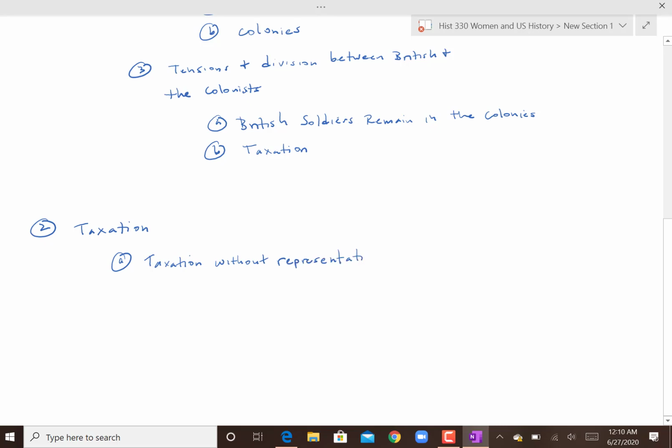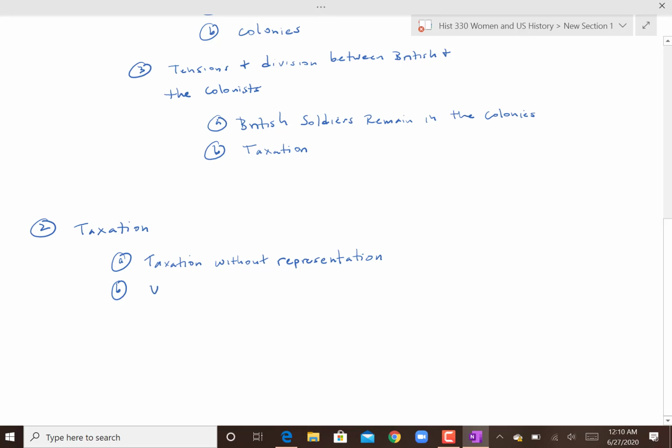When the king, or really the British leaders, start implementing these taxes, the colonists cry foul and say, hey, you're taxing us without representation, and that's not legal.